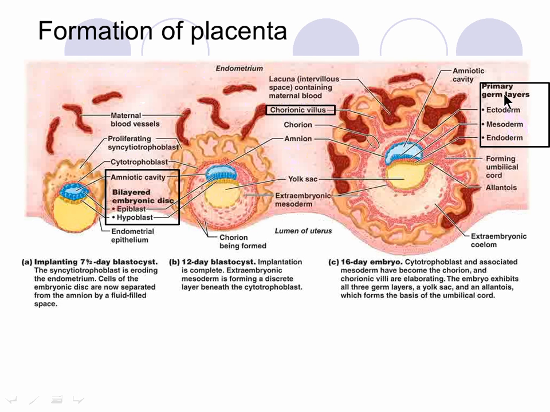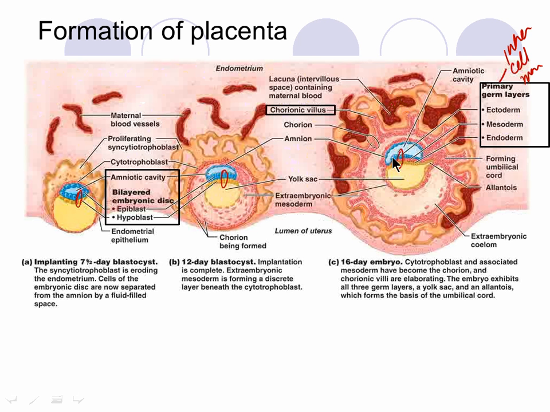These three germ layers come from the inner cell mass. First there were two layers. Here also two. A third layer insinuates itself in between, and you get three layers. And that's what will give rise to all of the embryonic tissue.